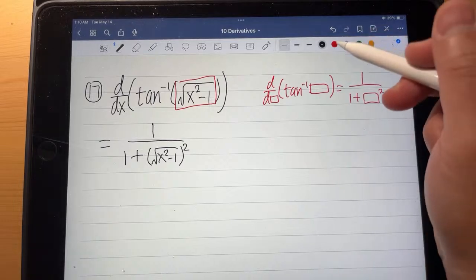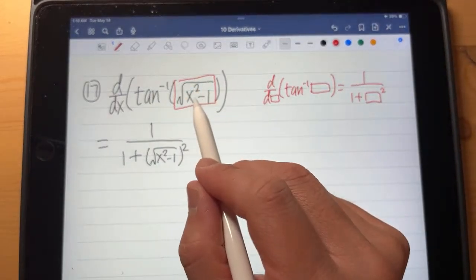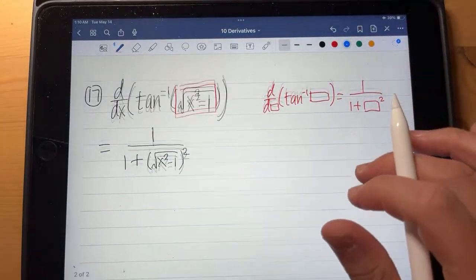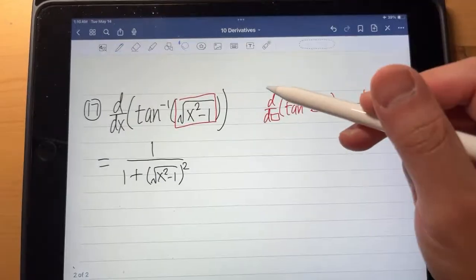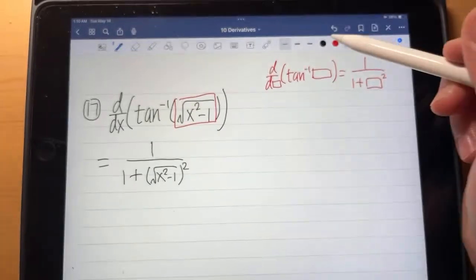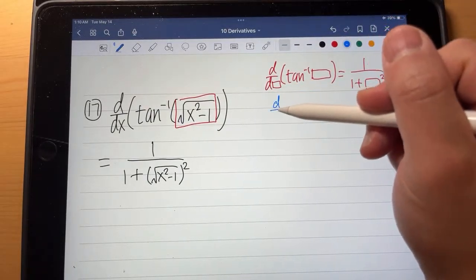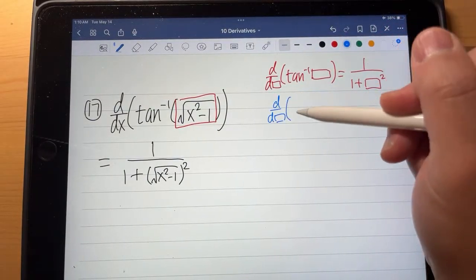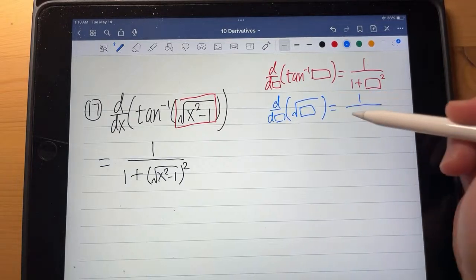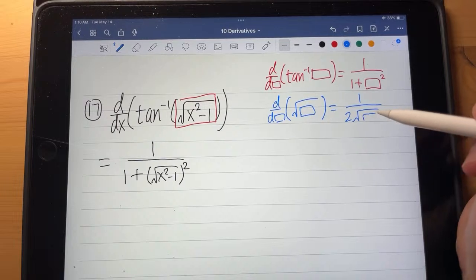All right, then the derivative of square root. So I will put this down right here for you guys as well. This is the derivative of the inverse tangent of a box. You also should remember that if you have the square root of a box, the derivative gives you 1 over 2 square root of a box.